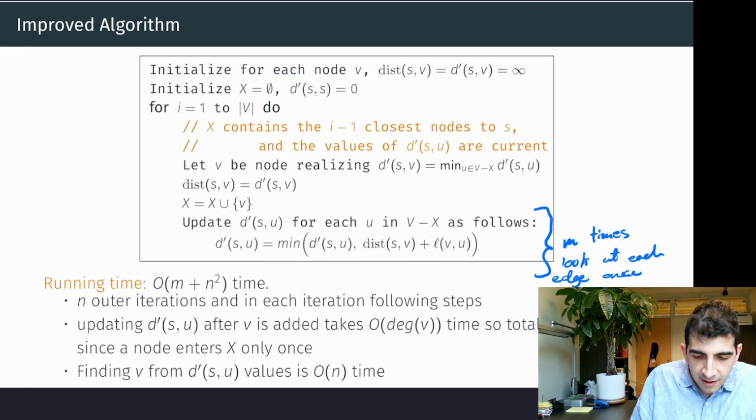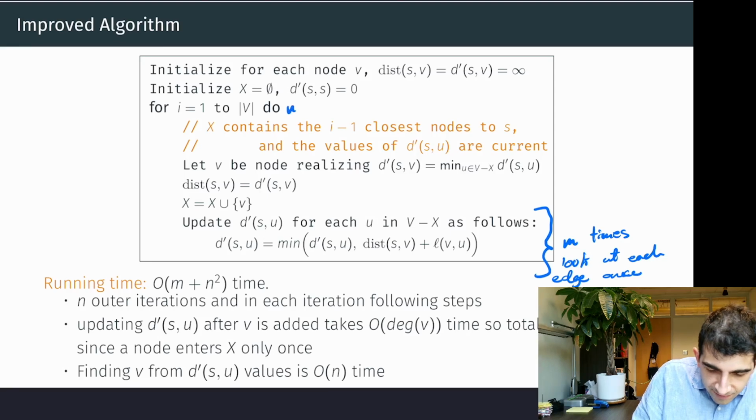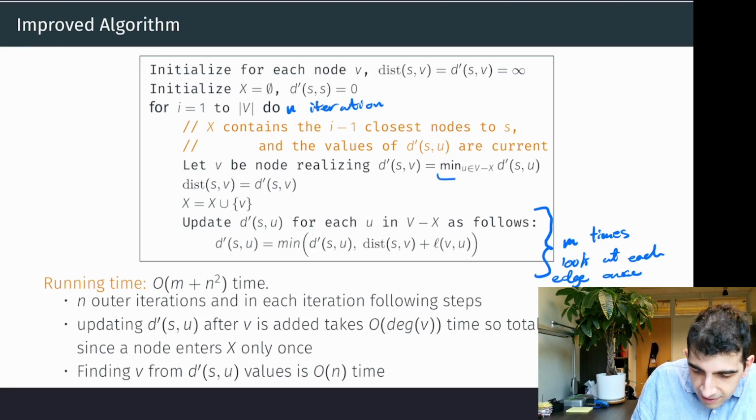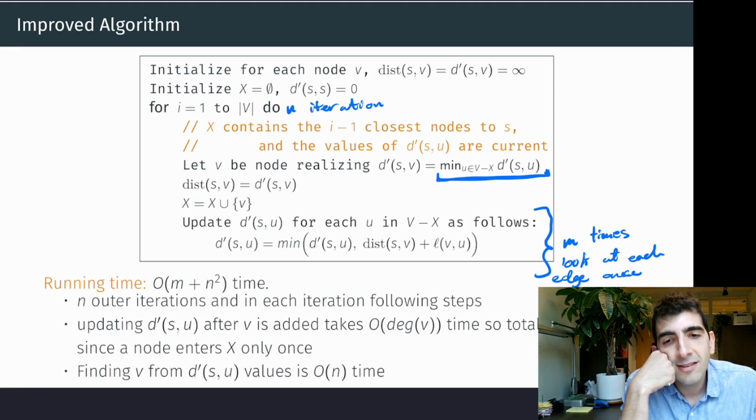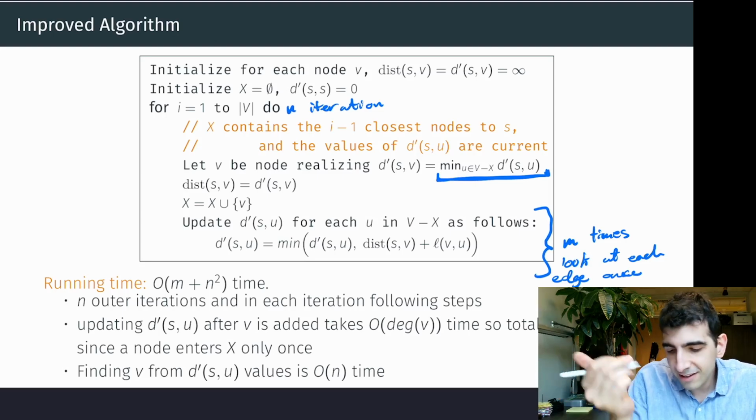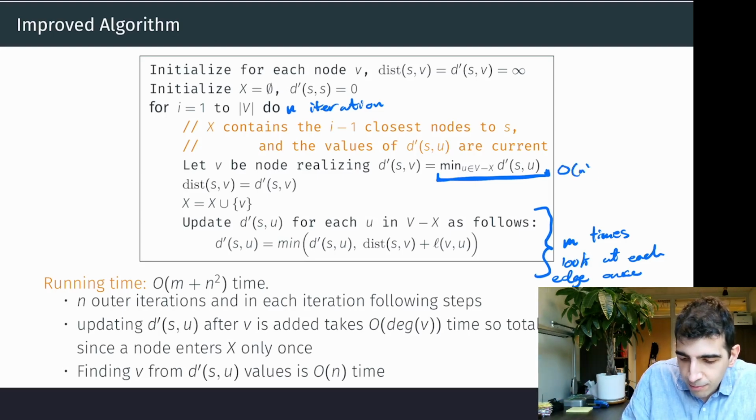Now is the problem. We have n iterations here, and we need to calculate the minimum. And how do we calculate the minimum of an unsorted list of nodes? How long does that take? I mean, it takes linear time, right? It's just a brute force process.